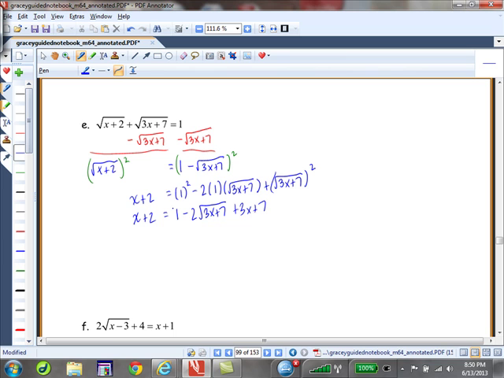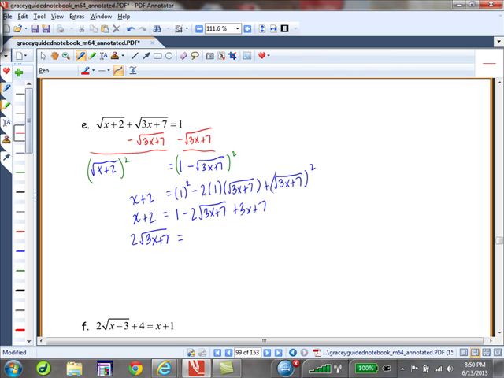So I'm going to go ahead and add the radical term to both sides. So I'm going to end up with 2 times the square root of 3x plus 7 equals. So I added that to both sides. I'm going to have the 1 plus 7 is 8. And then I'm going to subtract an x and subtract a 2 from both sides.